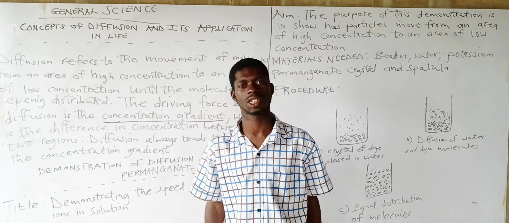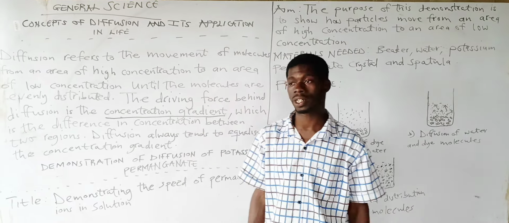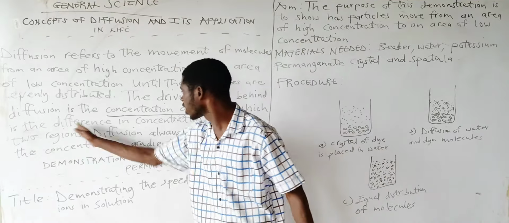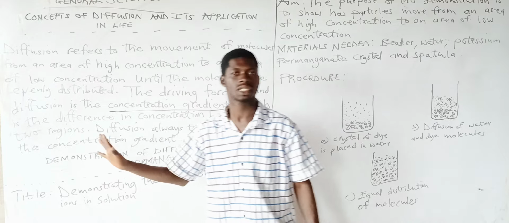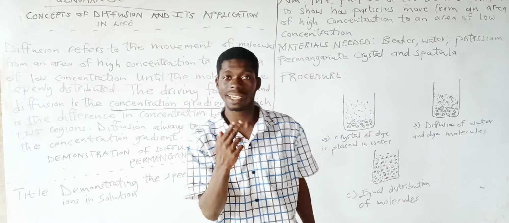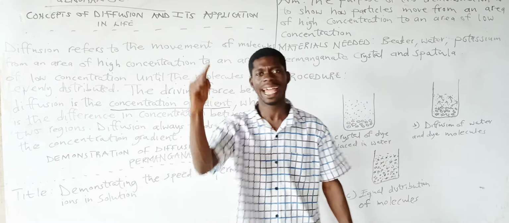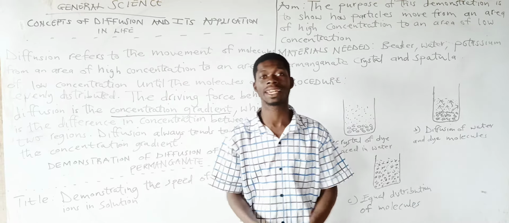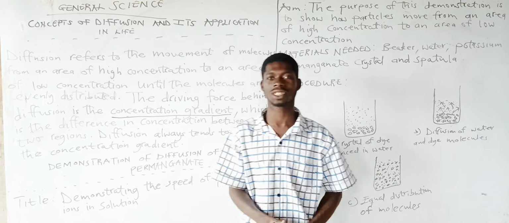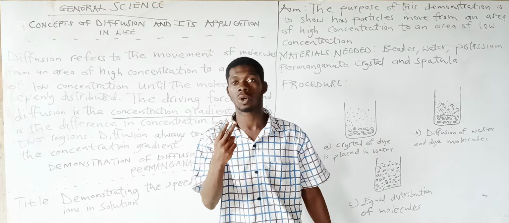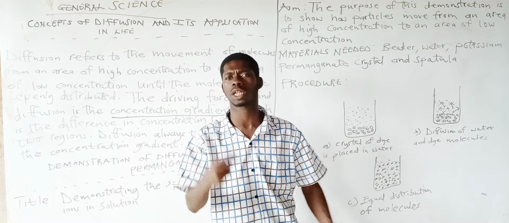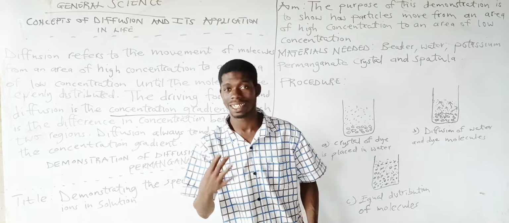What is concentration gradient? It says it's the difference in concentration between two regions. You know that you have two regions in concentration: the higher concentration and the lower concentration. These are the two regions, and they are termed concentration gradients.